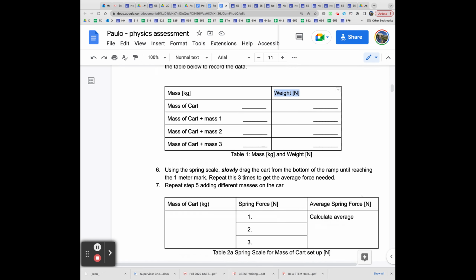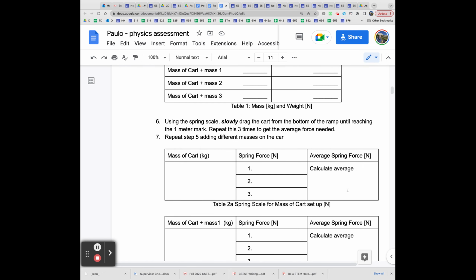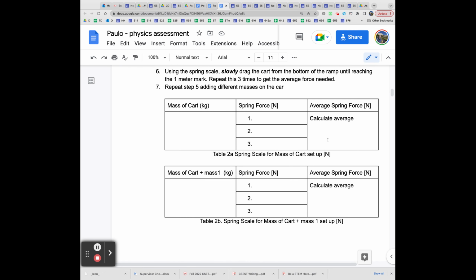Now they're doing calculations, and you can see that these next ones are also calculations involving things like averages, where they actually measure and then measure the spring force. So now you're testing their ability to understand certain language functions. In other words, what does it mean to calculate an average, as well as their mathematical skills.